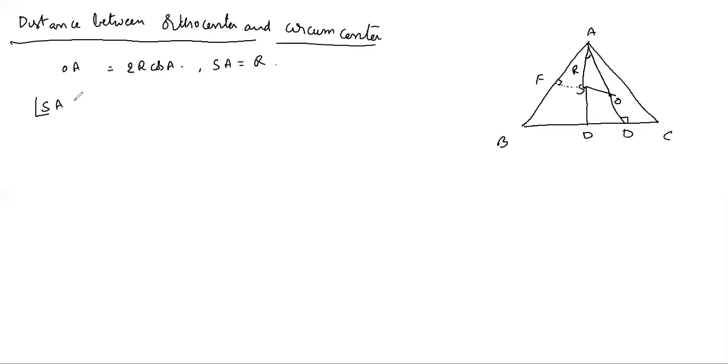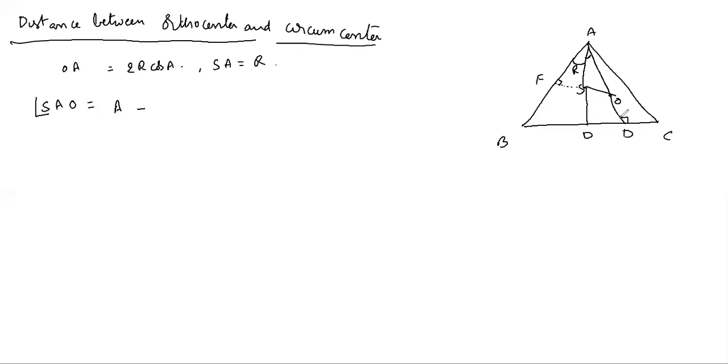Angle SAO equals total angle A minus this angle, which we know already. So what is this angle? Consider triangle AFC.